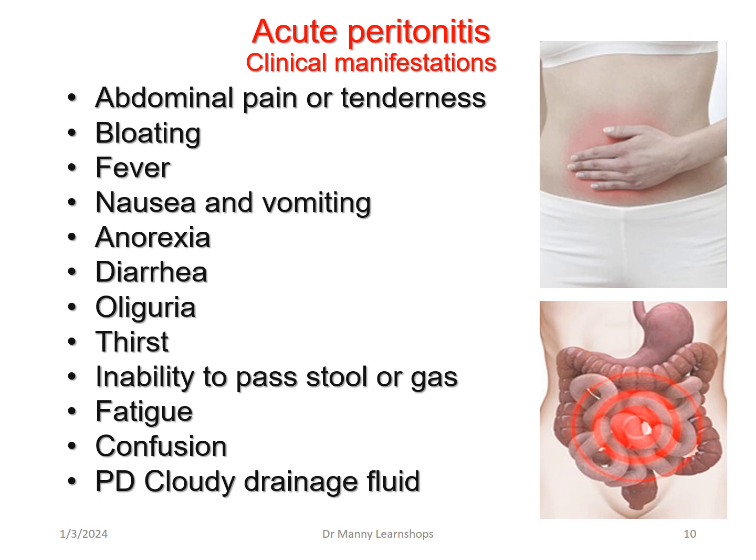Abdominal pain or tenderness, a feeling of bloating, gas, fever, nausea, vomiting, no appetite, anorexia, diarrhea, oliguria, thirst, inability to pass stool or gas, fatigue, confusion. If you've got peritoneal dialysis, then the peritoneal dialysis fluid can be cloudy and offensive.